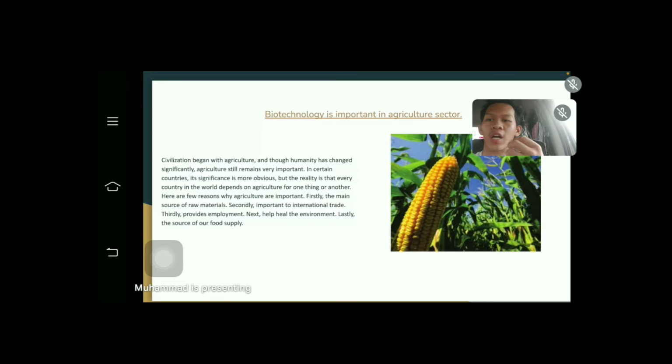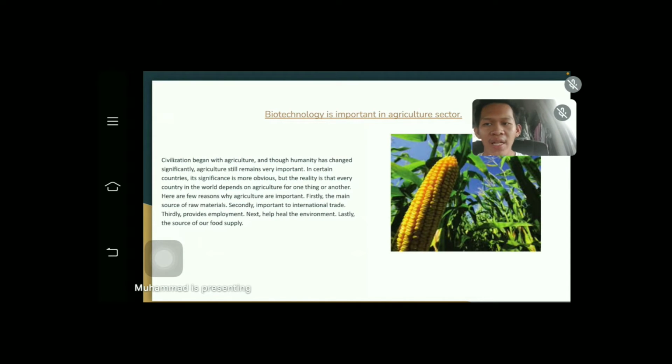In certain countries, its significance is more obvious, but the reality is that every country in the world depends on agriculture for one thing or other. Here are a few reasons why agriculture is important.